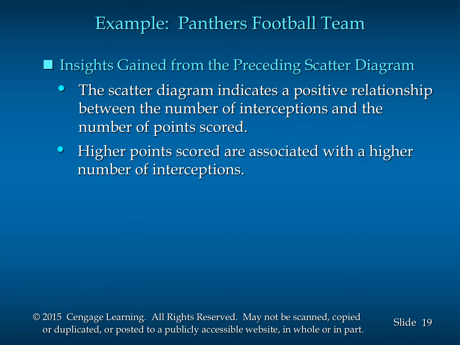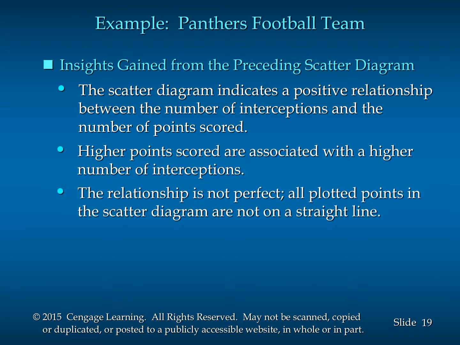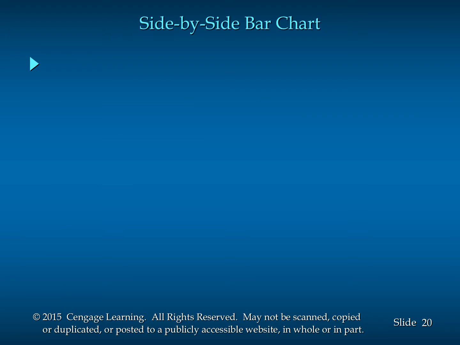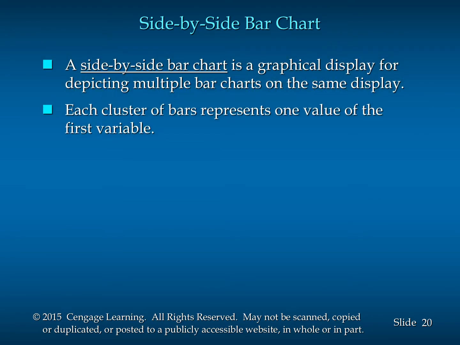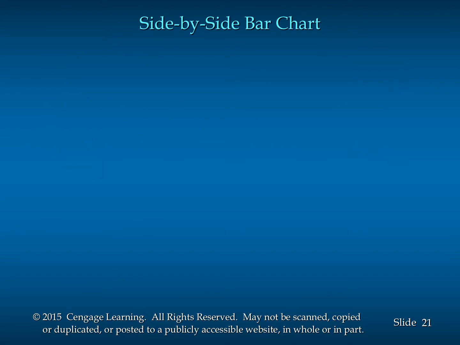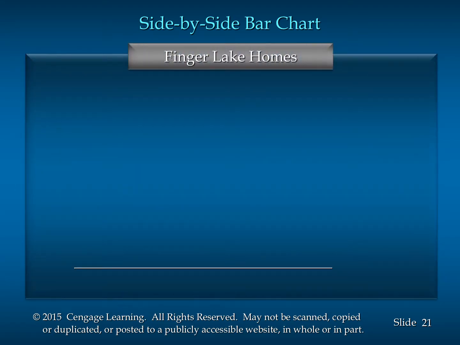But again, from a scatter diagram, we can draw some important conclusions about a relationship between the two variables. We can also use a side-by-side bar chart to display multiple bar charts at the same time. Each cluster of bars represents the value for one variable.